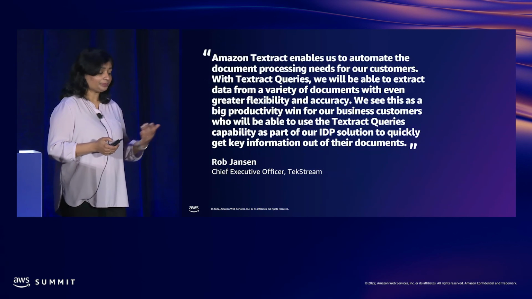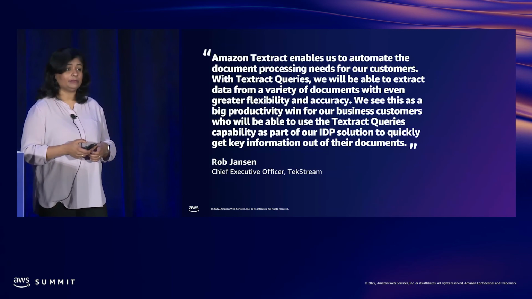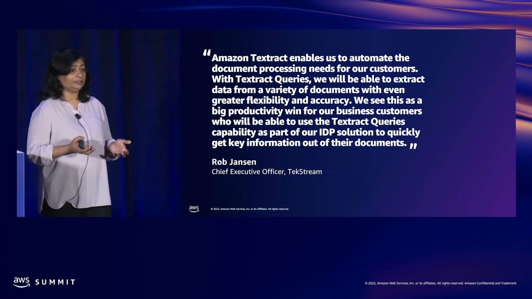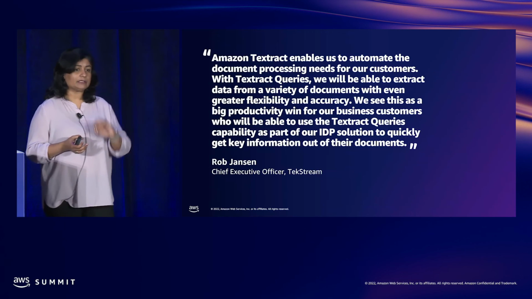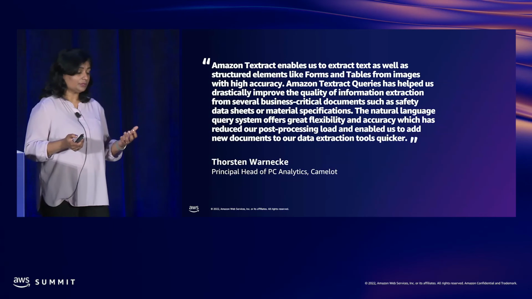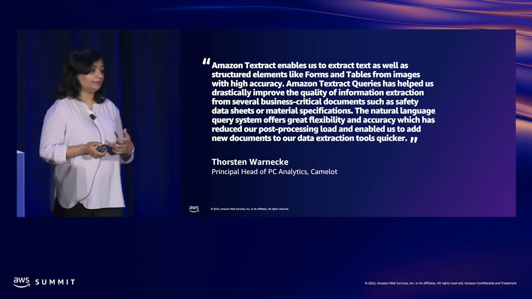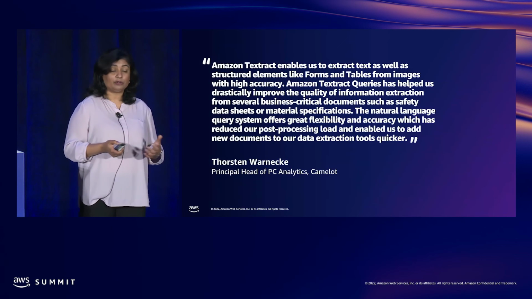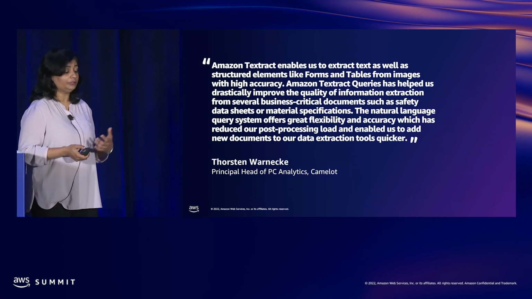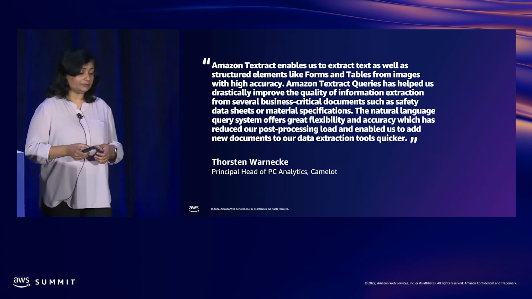We also have Rob Jansen, the Chief Executive Officer from Textract, letting us know that it helped them improve their productivity because they could extract very specific fields from the documents. And then we also have Thorsten Warneck, Principal Head of PC Analytics from Camelot Labs in Europe. They tried it on their European documents, and it helped them improve the quality of information extraction and unlock a lot of IDP opportunities for them.